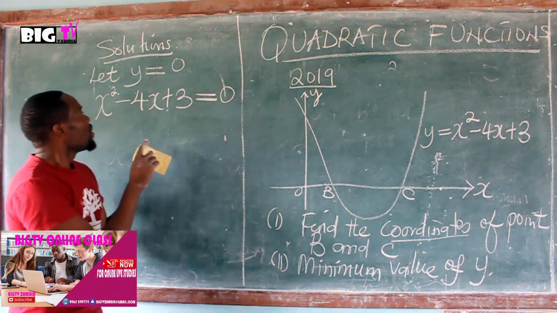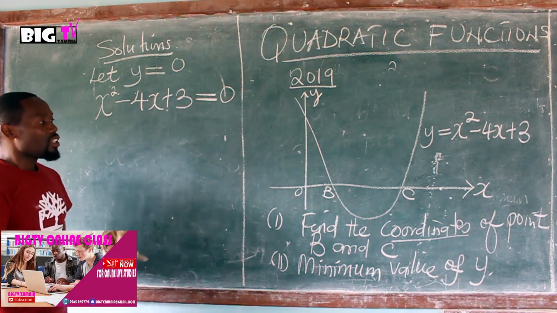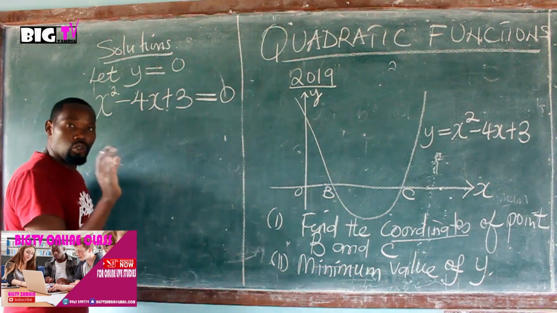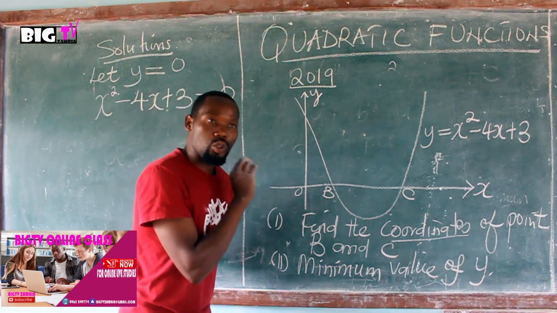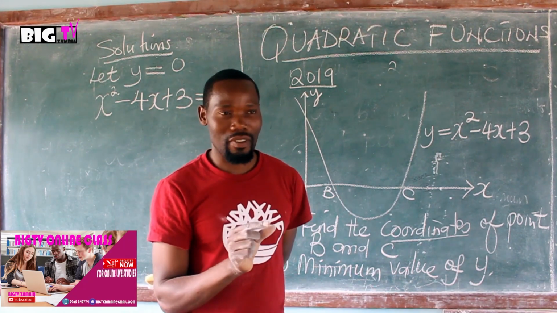Then, how do we know the coordinates of B and C? Here now, we are going to solve. We need to solve this using the appropriate method.